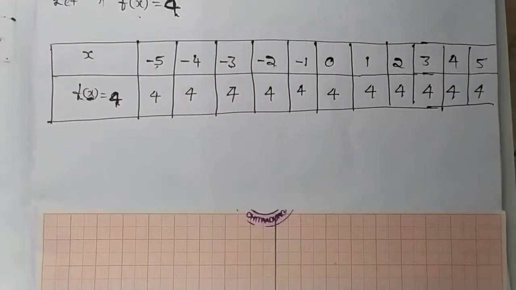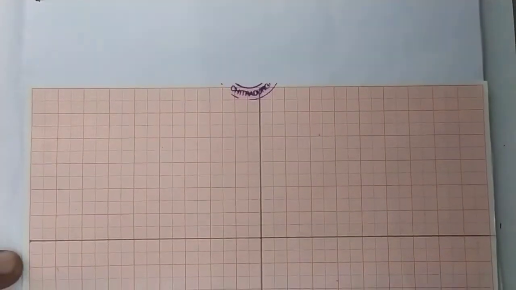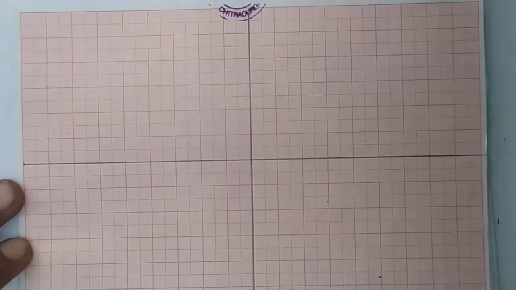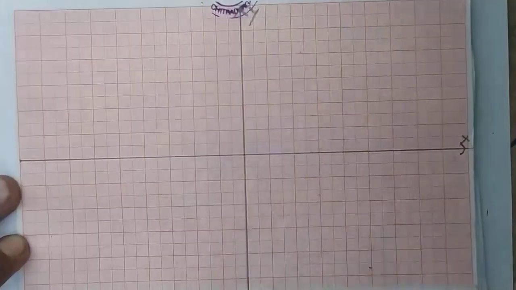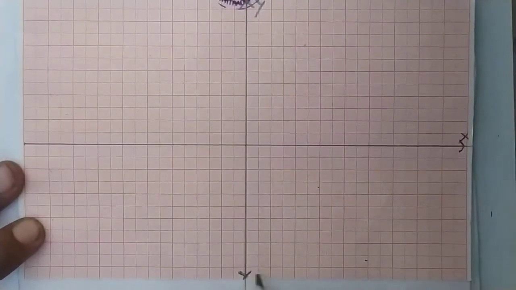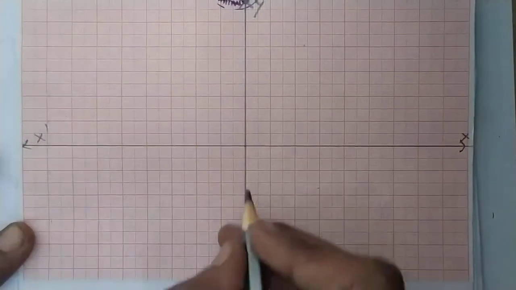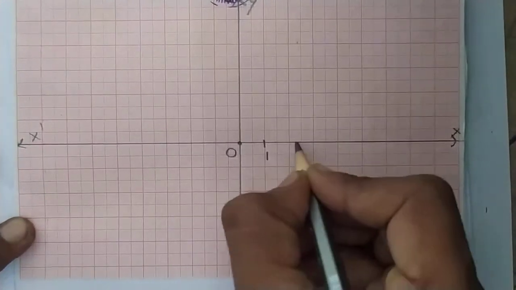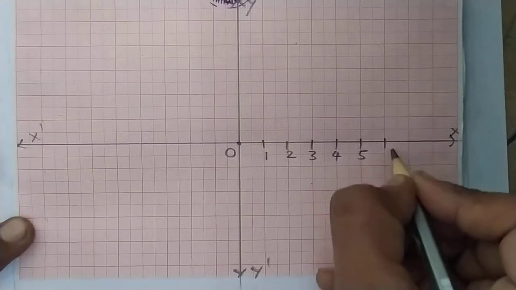Let us draw the graph for this function. This is the x-axis, this is y, this is the negative x-axis, and this is the negative y-axis. Let us take the values on the positive x-axis: 1, 2, 3, 4, 5, 6.